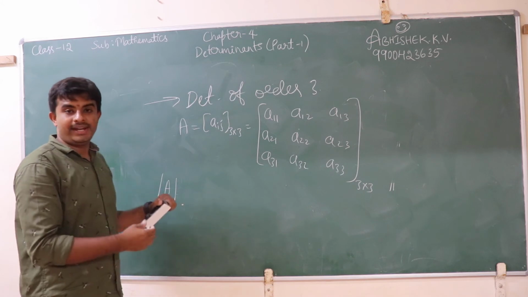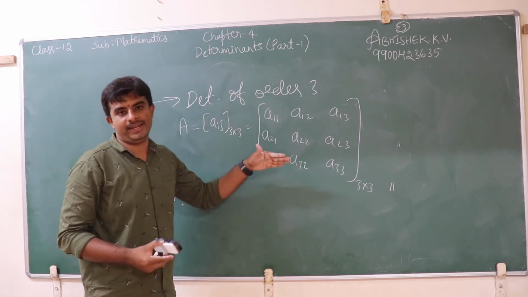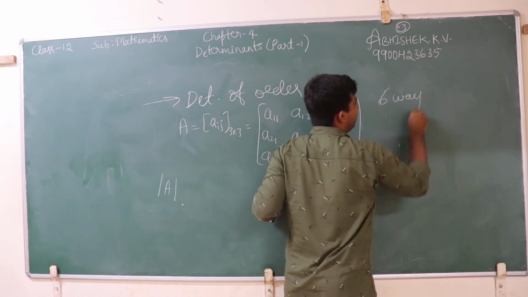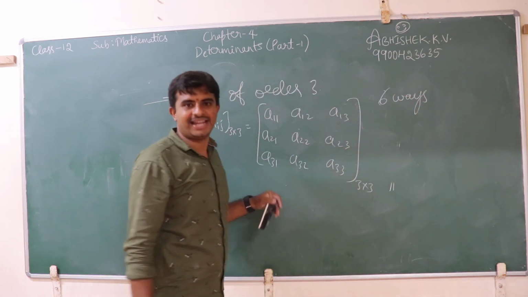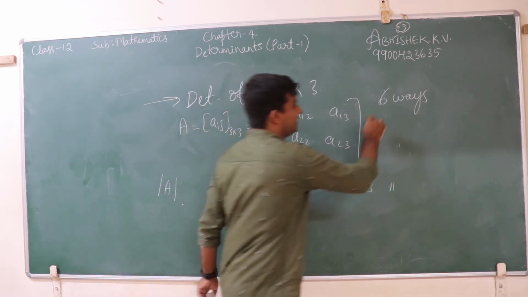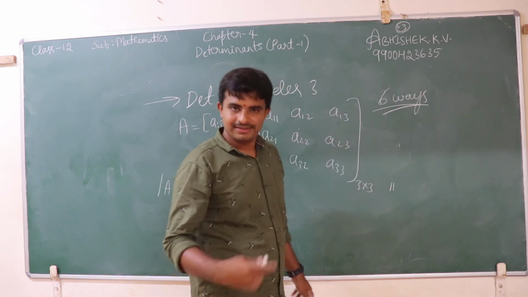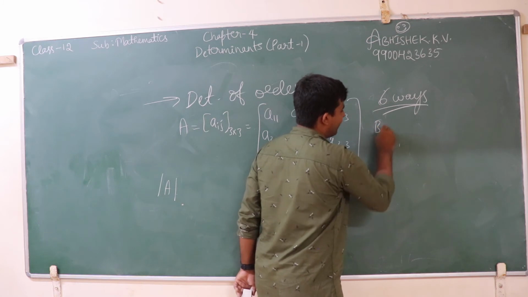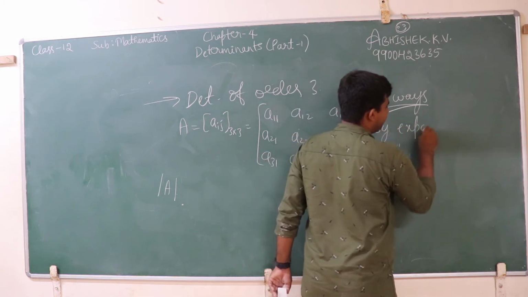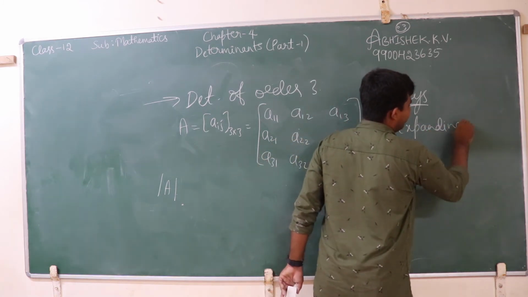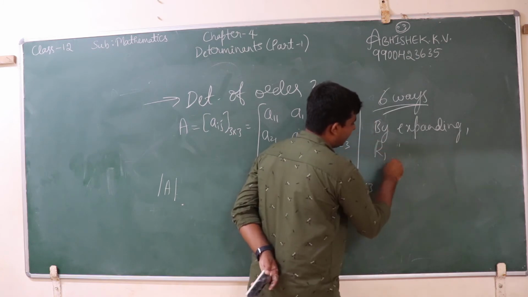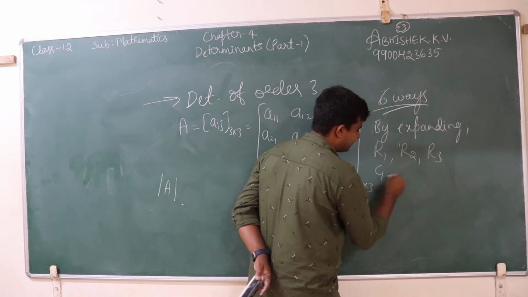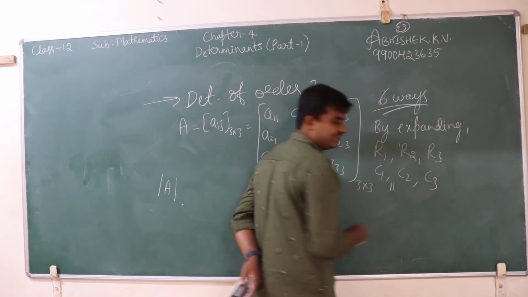See, the determinant of order 3 by 3 can be determined in 6 ways. So what are those 6 ways? By expanding R1, R2, R3, C1, C2, C3.